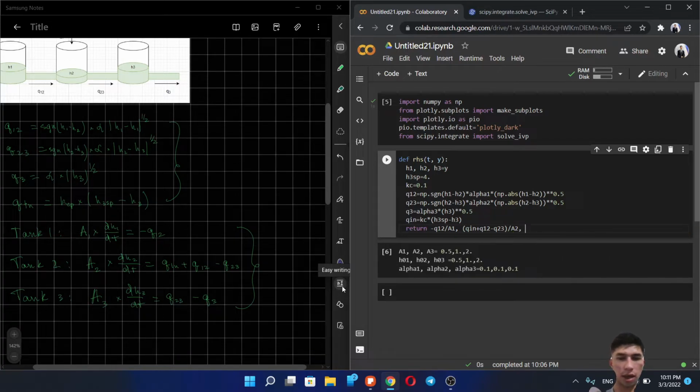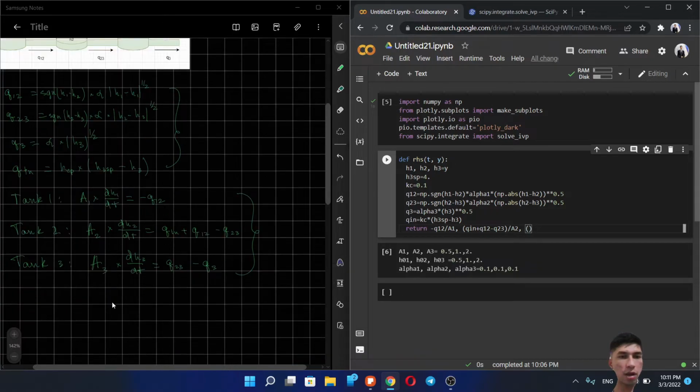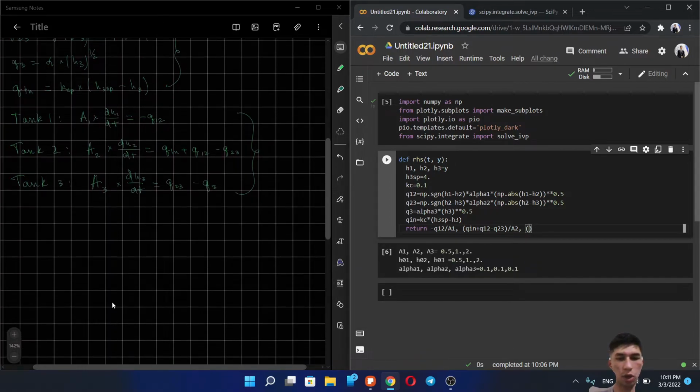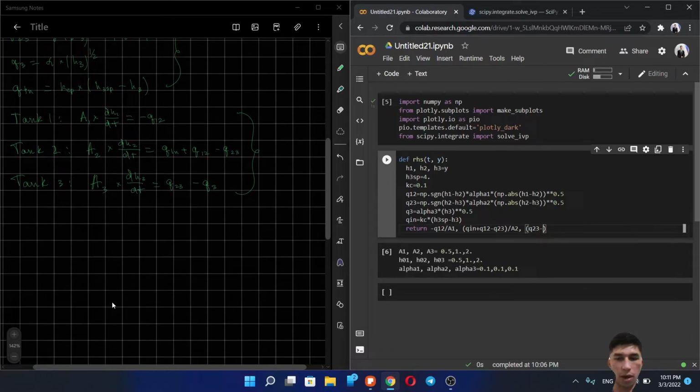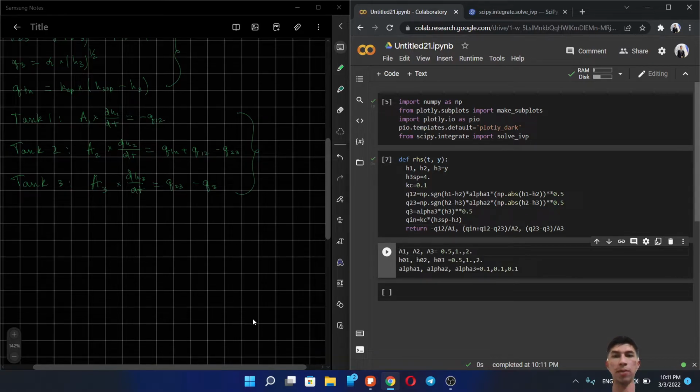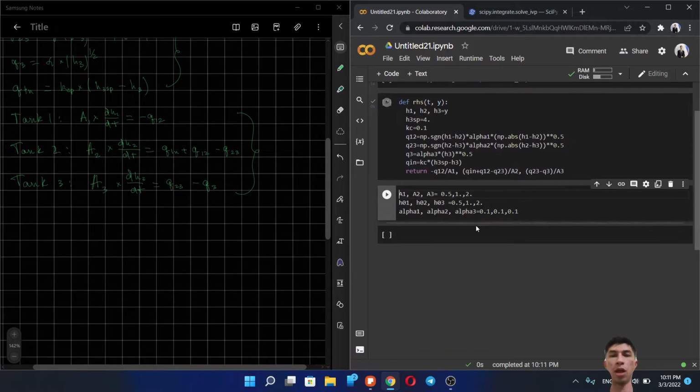And the last value is going to be Q23 minus Q3, divided by the third cross-sectional area. If we run this, we now have a function called right hand side that returns the values for the dH over dt's.